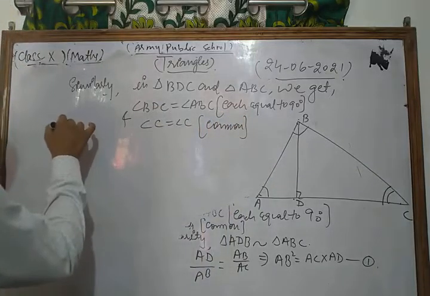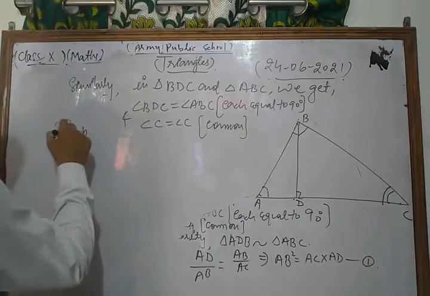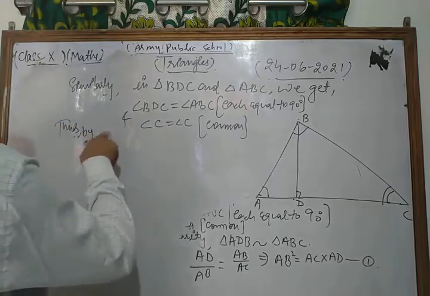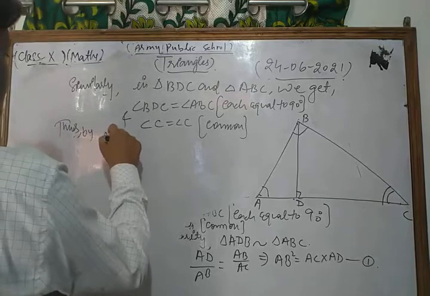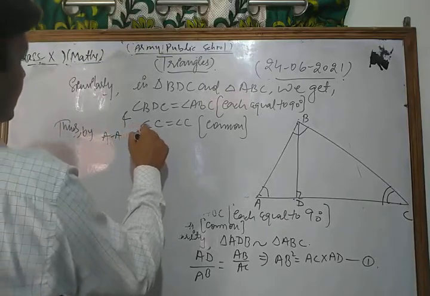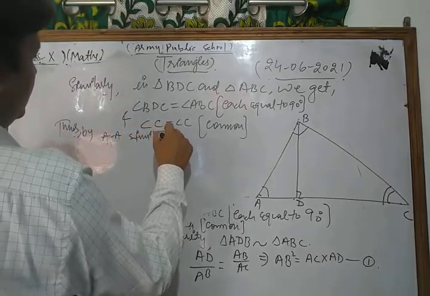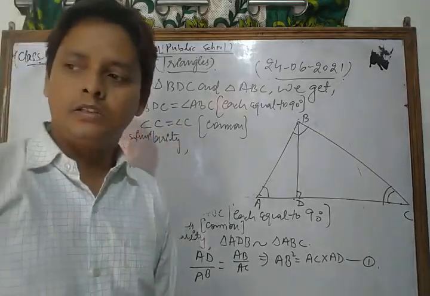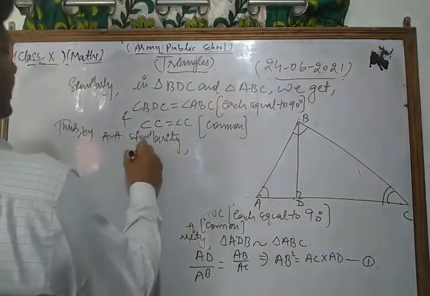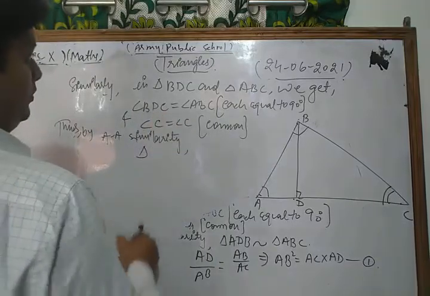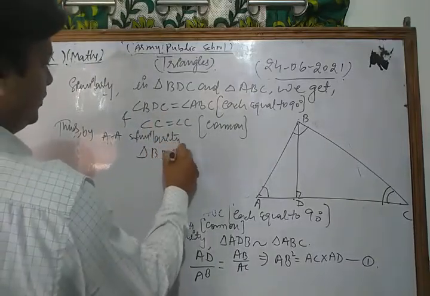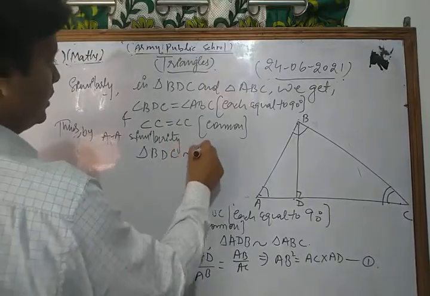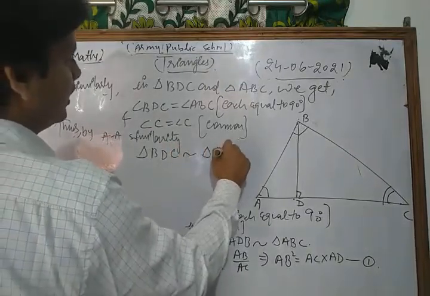Thus, by AA similarity, dear students, triangle BDC is similar to triangle ABC.